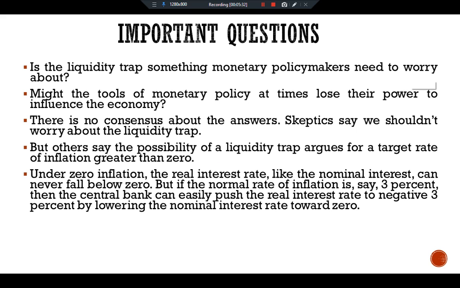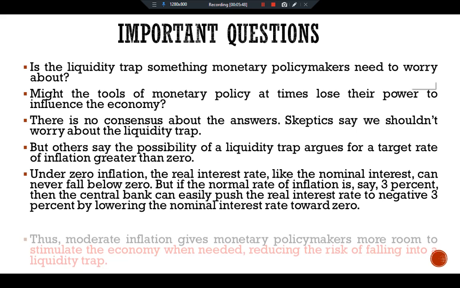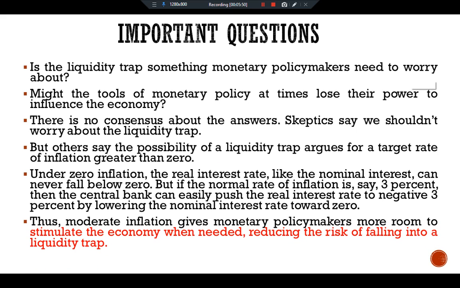But if the normal rate of inflation is, say, 3%, then the central bank can easily push the real interest rate to negative 3% by lowering the nominal interest rate toward zero. Thus, moderate inflation gives monetary policymakers more room to stimulate the economy when needed, reducing the risk of falling into a liquidity trap. So this is all about the liquidity trap, a case study of the United States.